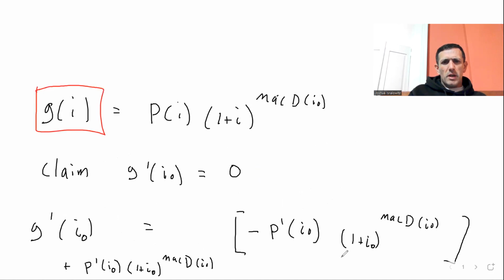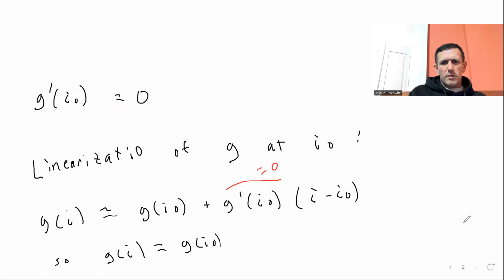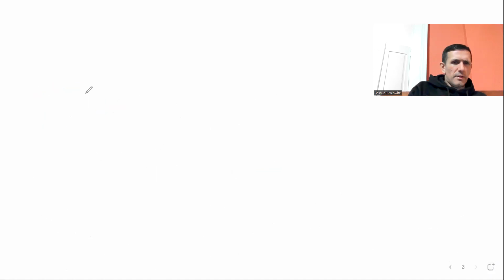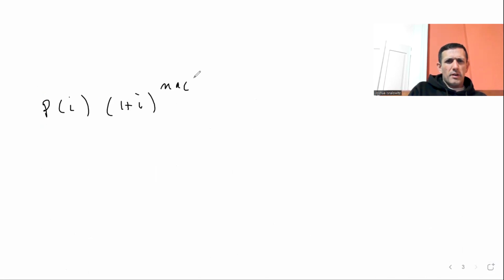So what does that mean? So remember, this is what G of I is. So it's saying P of I, 1 plus I, Mac D of I0.